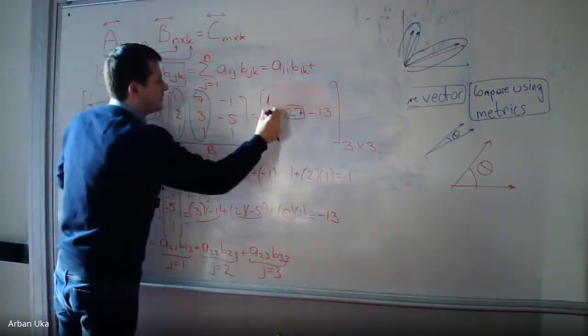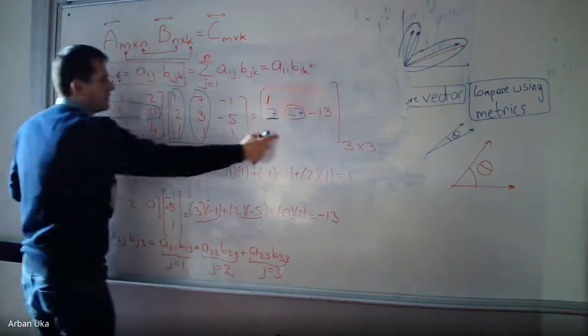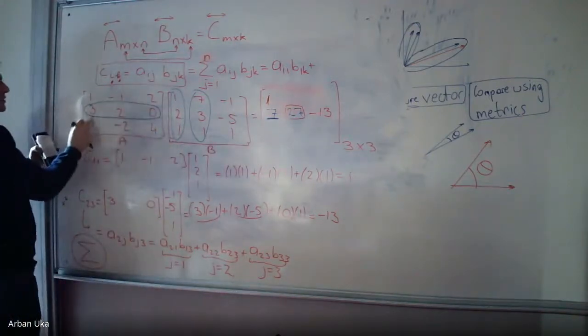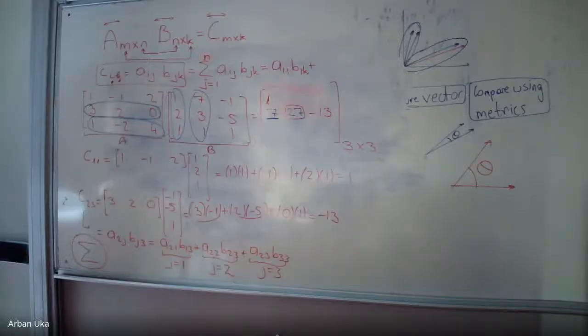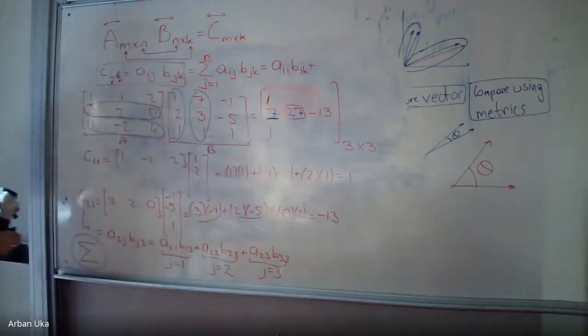Then we can find this element, which is going to be this row times this column, so it's this row now. 4 minus 4, it's 1, right? I get a 1 here.